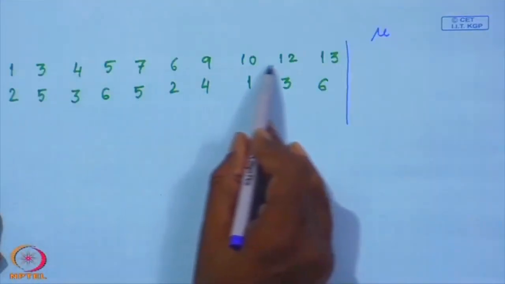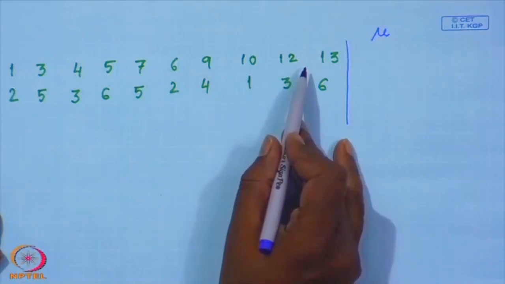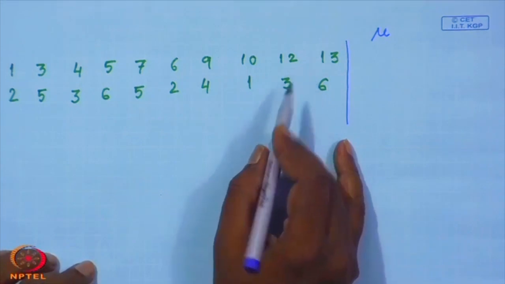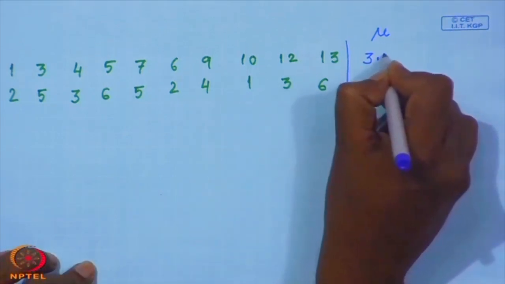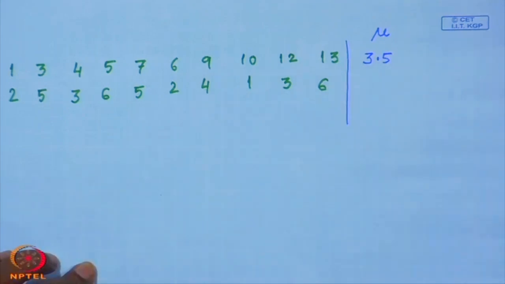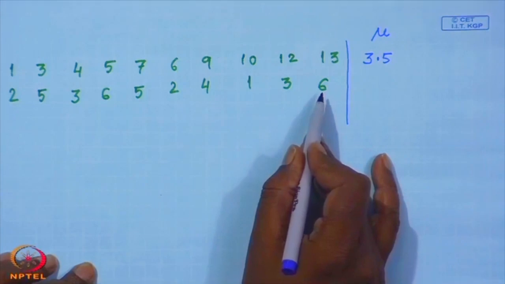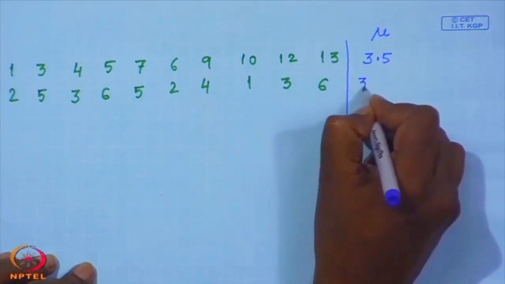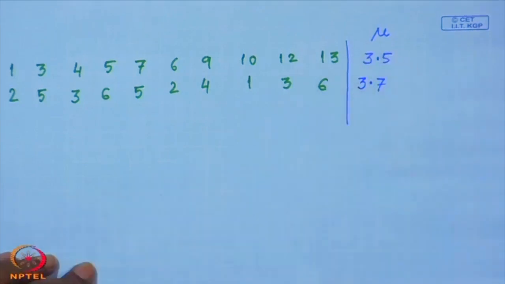So, when I compute the mean of the first components of all these 10 feature vectors, it will come out to be something like 3.5. And the mean of the second components of all the 10 feature vectors will come out to be something like 3.7. So, this is my mean vector mu.